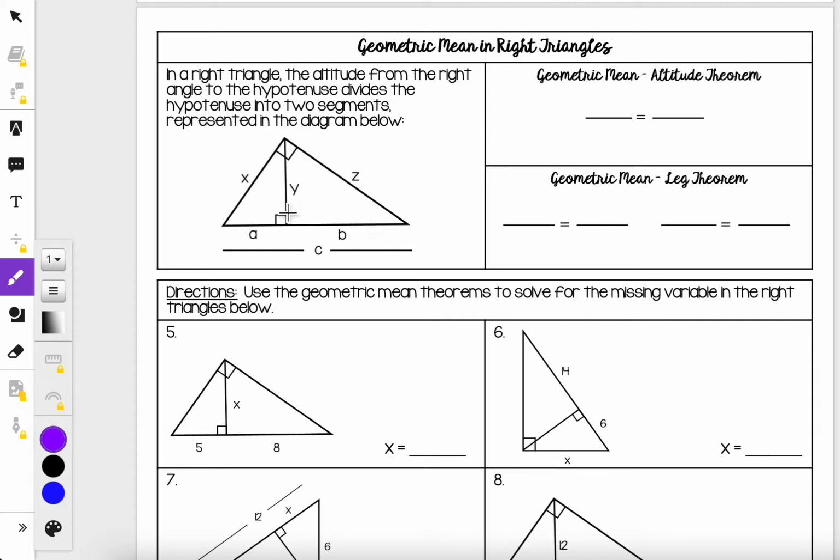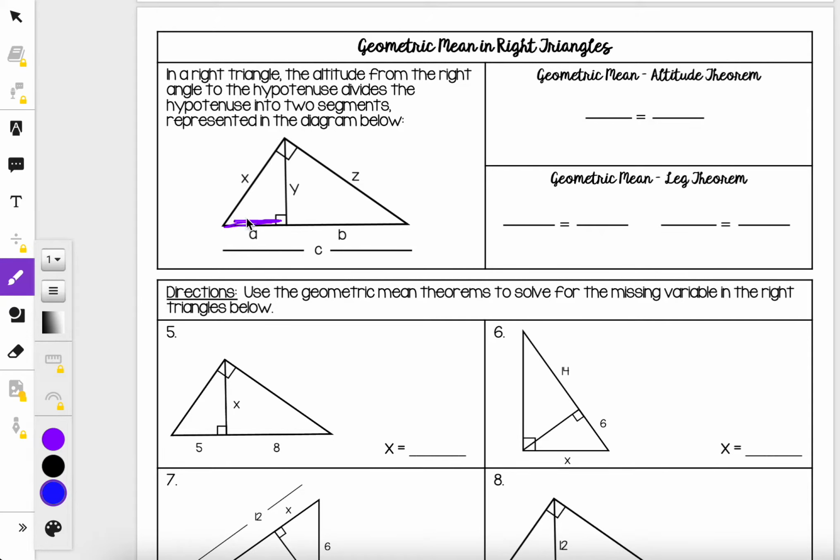Okay, the proportions that I can set up here, if I just compare the 2 triangles on the inside, this side here is going to be my smaller leg.